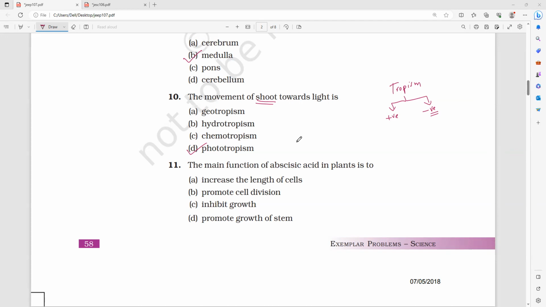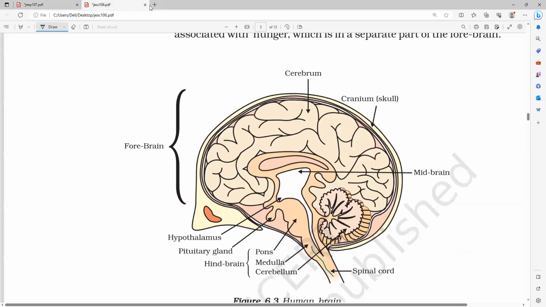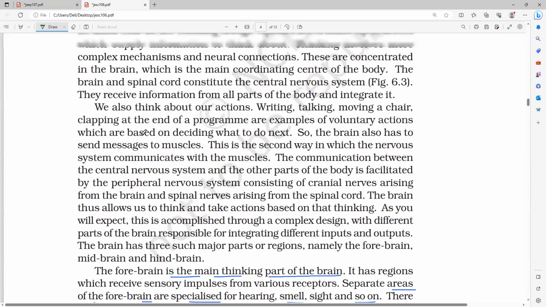Next, the main function of abscisic acid in the plants. Very, very important one. The one and only one which inhibits the growth. Remaining all three promote the growth, and ABA acid alone inhibits growth.